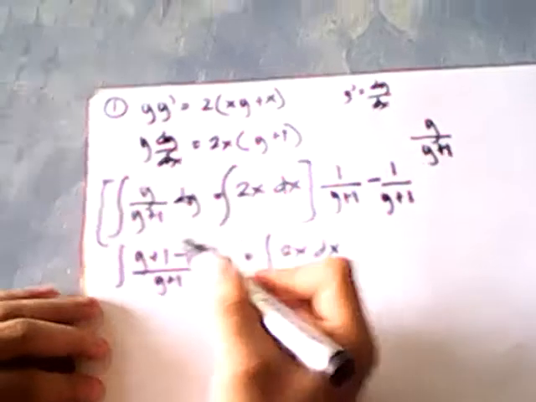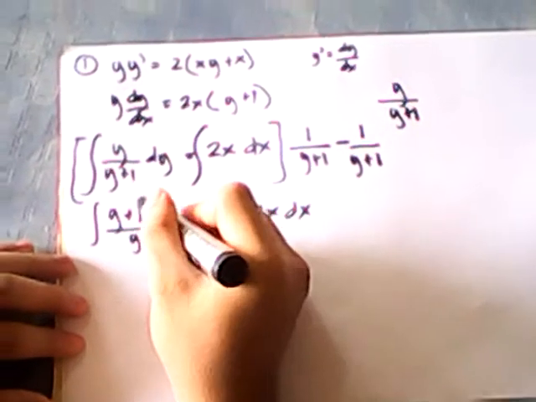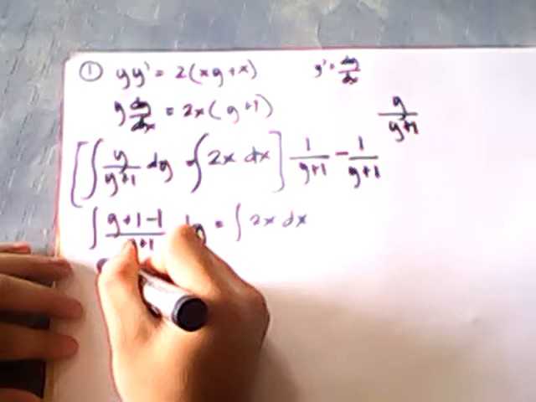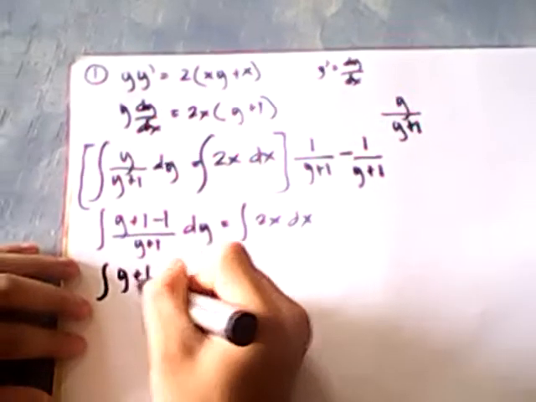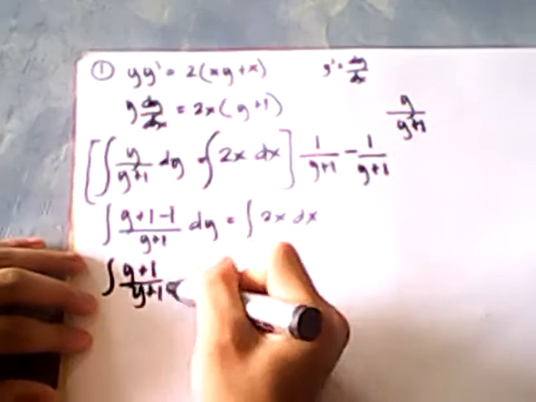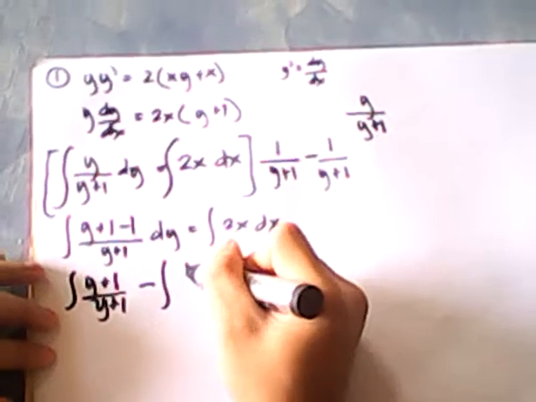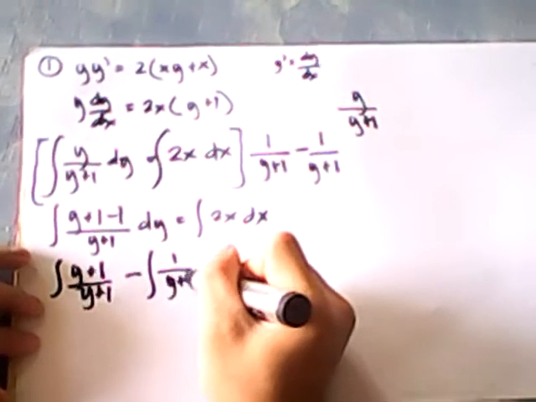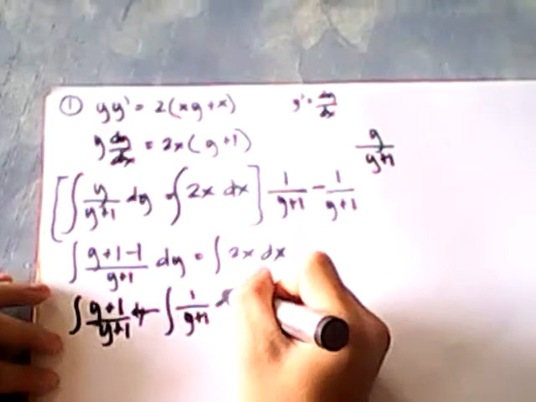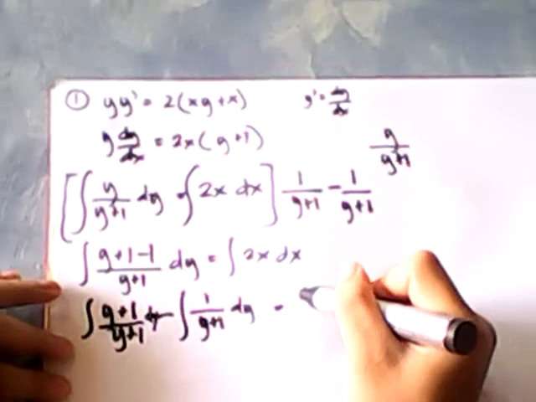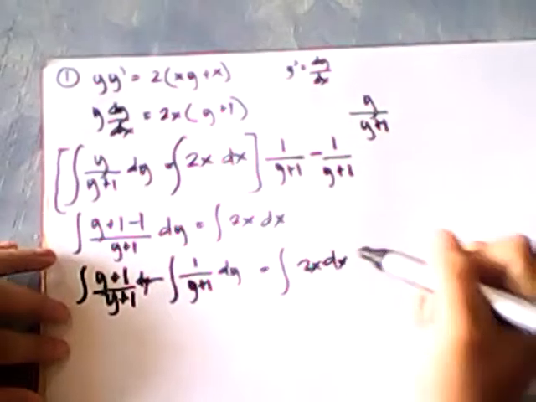Now integrating this, you have to separate it like this: y plus 1 over y plus 1 minus 1 over y plus 1 dy is equal to the integral of 2x dx.